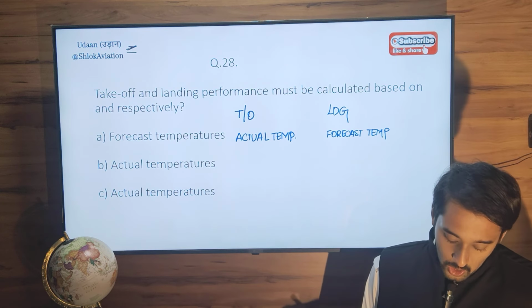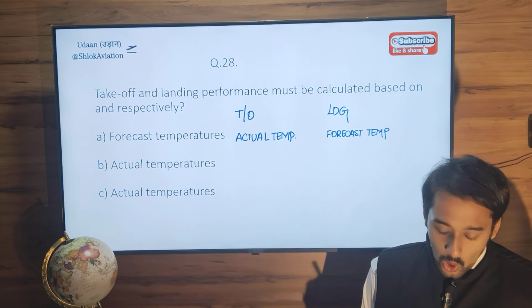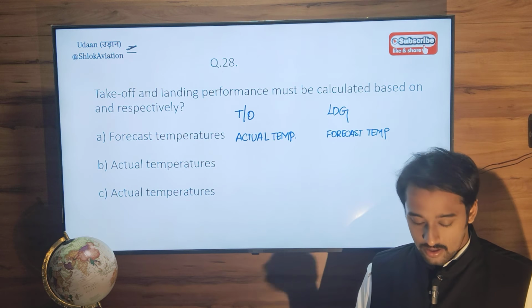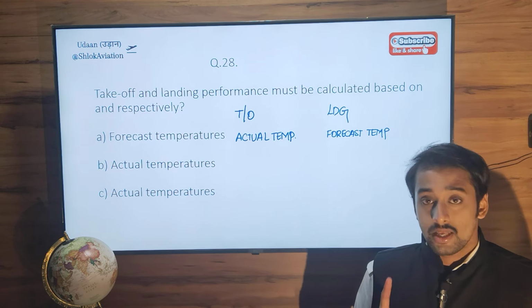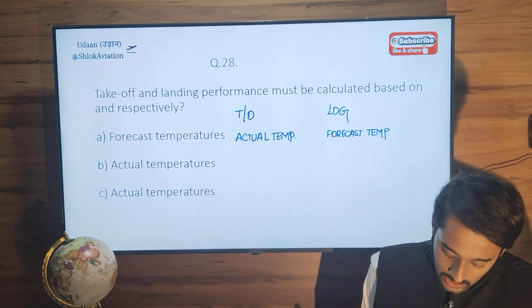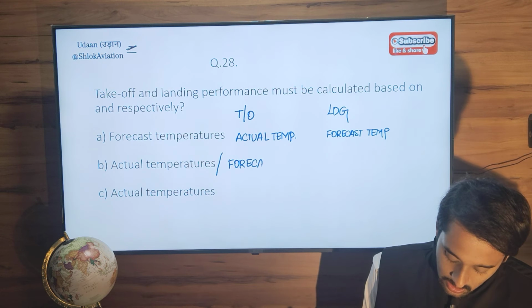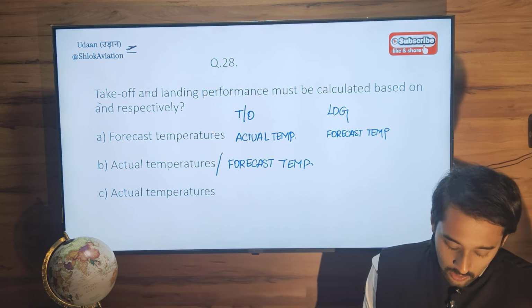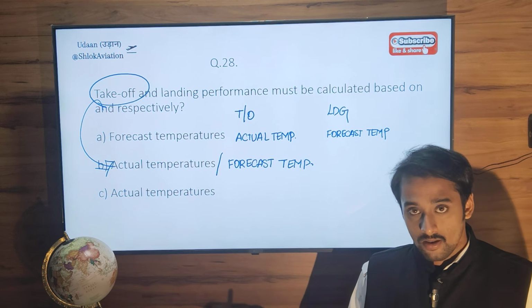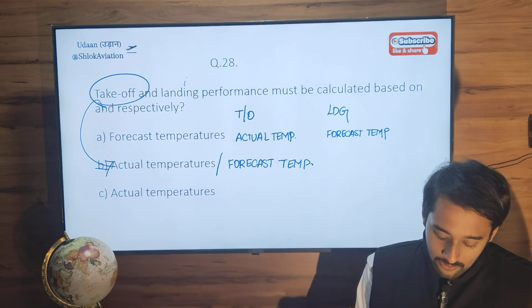So the options here are not correct, but the correct option will be the one which contains actual temperature and forecast temperature, because for takeoff you need actual, for landing you need forecast.